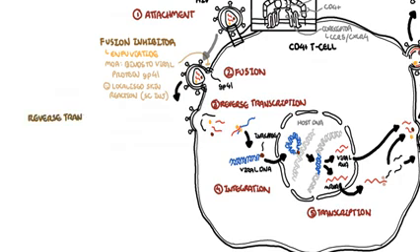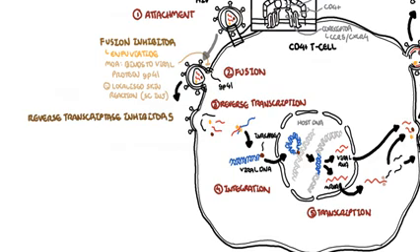Then you have the antiretrovirals that target reverse transcription. Most of these drugs end in -ine, except two very important reverse transcriptase inhibitors, abacavir and tenofovir, which you have to know.